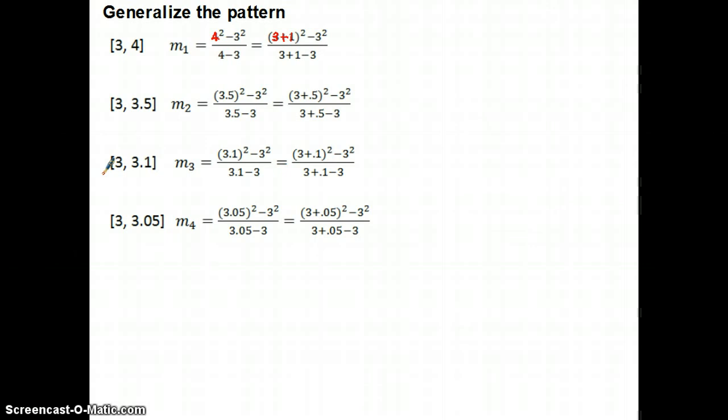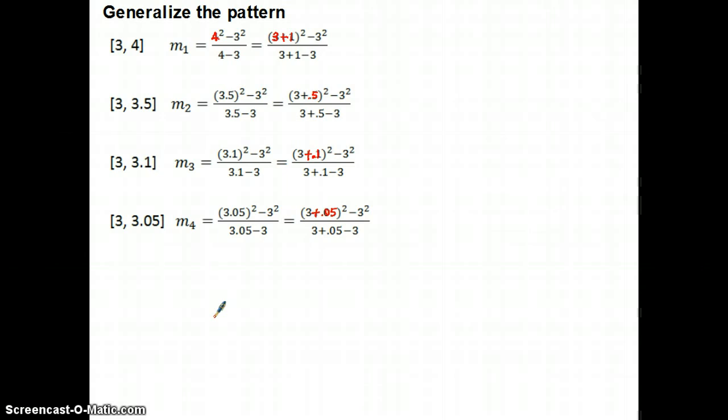We're plus 1 away from 3. And then 3.5, we're actually plus 0.5 away from 3. And then 3.1, we're 0.1 away from 3, and then right here we're 0.05 away from 3. So I rewrote the slopes a little bit differently.